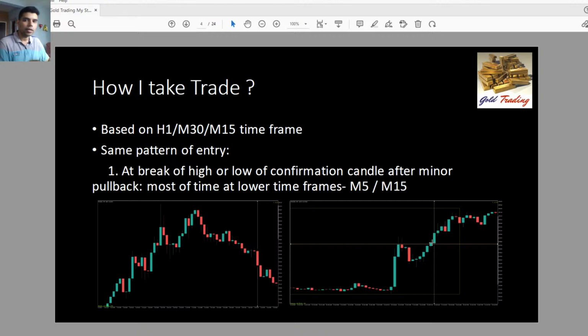It always repeats, so I take the trades on the same setup. Okay guys, so no need to be worried. If you have 1000 setups, if you have many setups, that doesn't mean you are going to take winning trades. Just work on one setup many times.